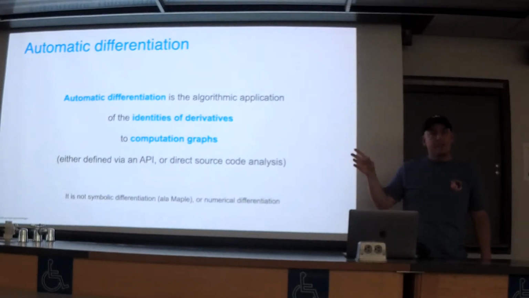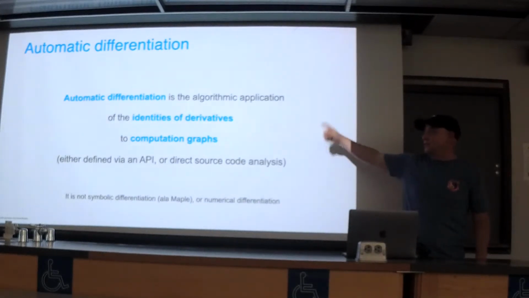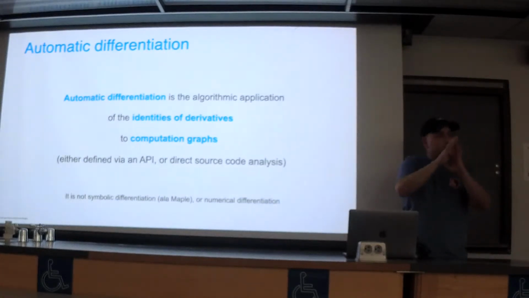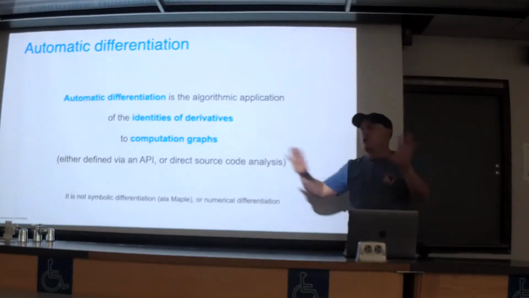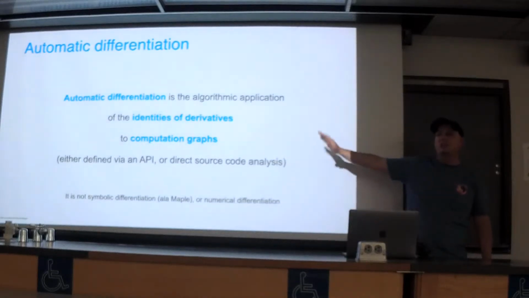Basically, for every operation that's defined within the framework, there will also be an analytical derivative associated with it, and it will know everything about the chain rule, and it will just do all this for you. You will not compute your own gradients.